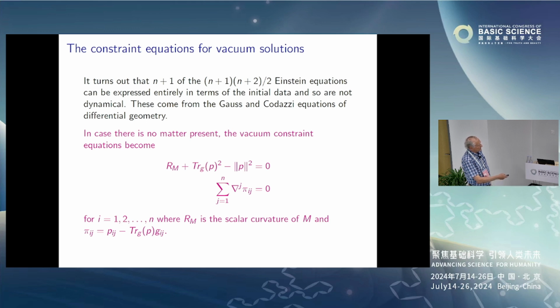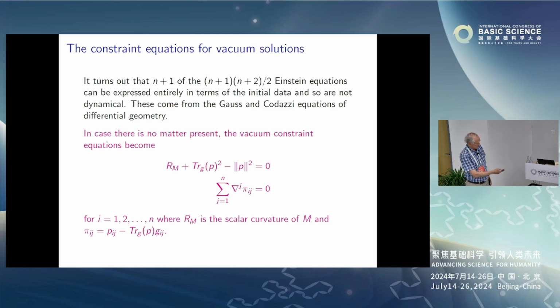So you'll recognize these equations as equations you learned in elementary geometry. These are a traced version of the Gauss and Codazzi equations. So in order for a metric and a second fundamental form to be induced from a metric on a Ricci flat manifold, these equations have to be satisfied.